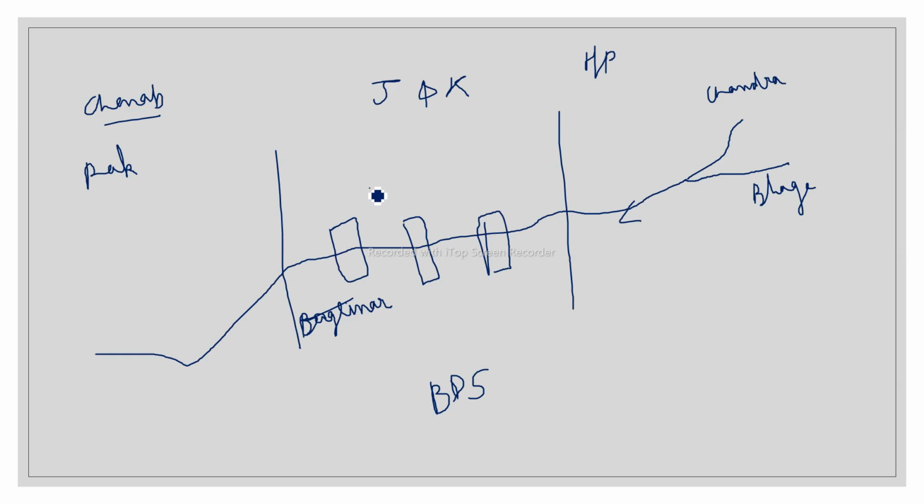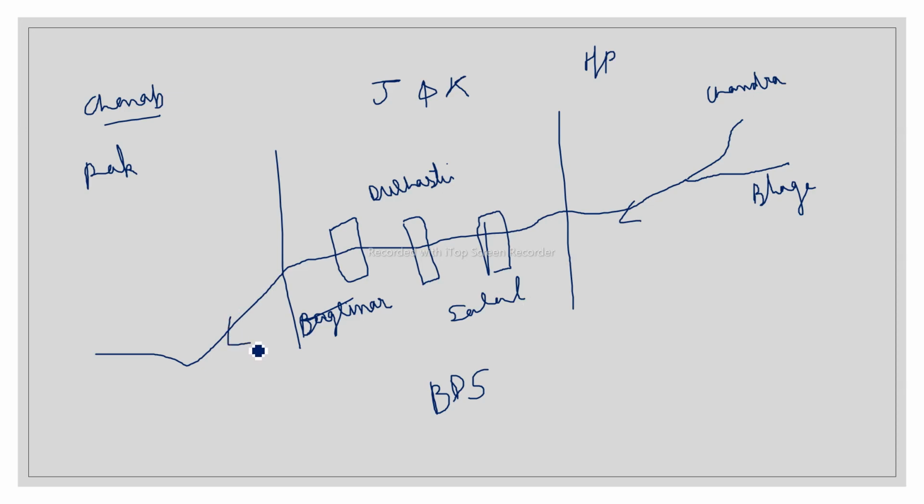I'll write here Dulhasti. Okay, and then the last one is called Salal. So the three dams, Baglihar, Dulhasti and Salal, are situated in Jammu and Kashmir on Chenab.